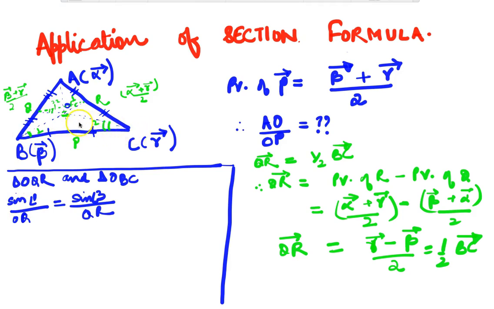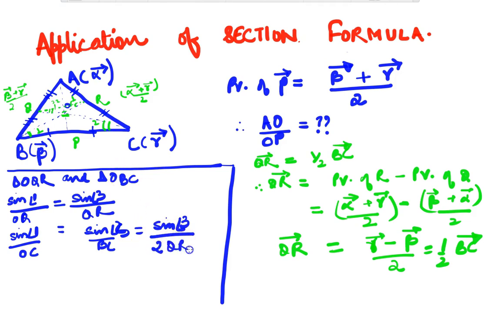In triangle OBC, sine of angle 1 by OC is equal to sine of angle 3 by BC, which is nothing but sine of angle 3 by twice QR. This is equation 1. This is equation 2.